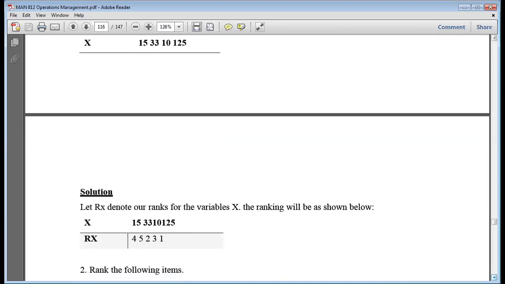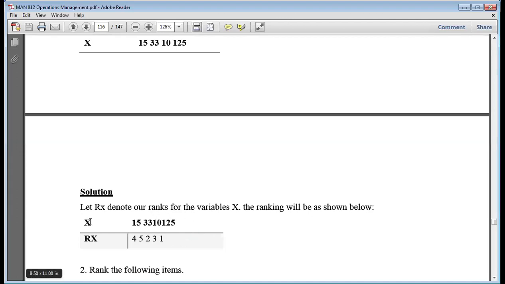You rank the one that has the highest number as 1, followed by the next one as 2, the other one 3, the other one 4. But the one that occurred 2 times, you will divide it by 2 and rank it the same number. We will come to that, but I just want to show you how to rank this.